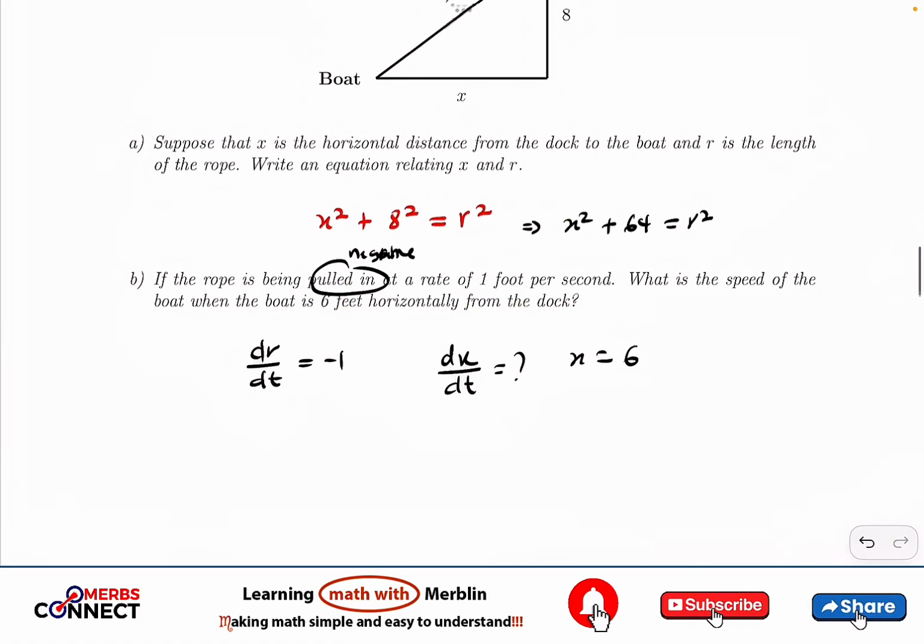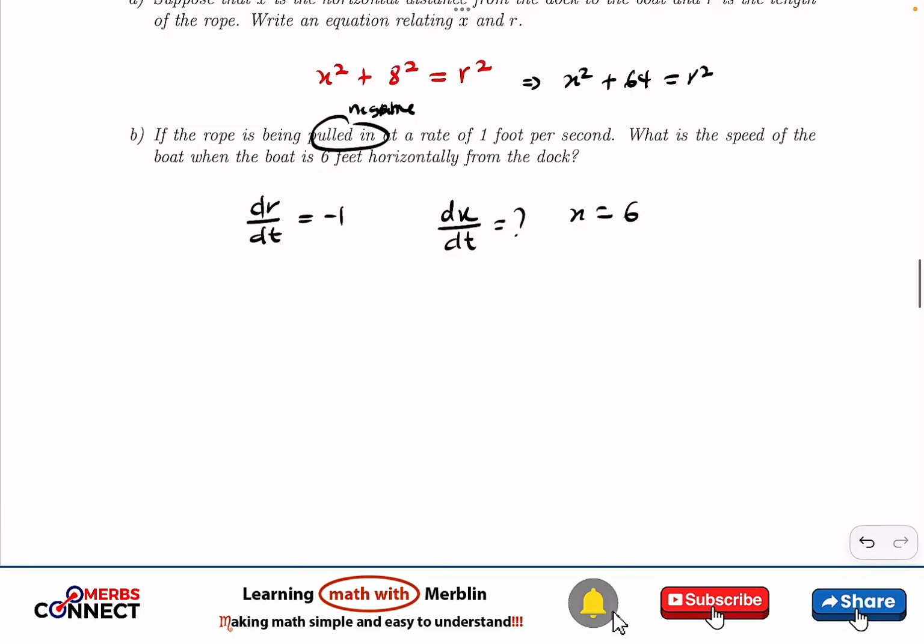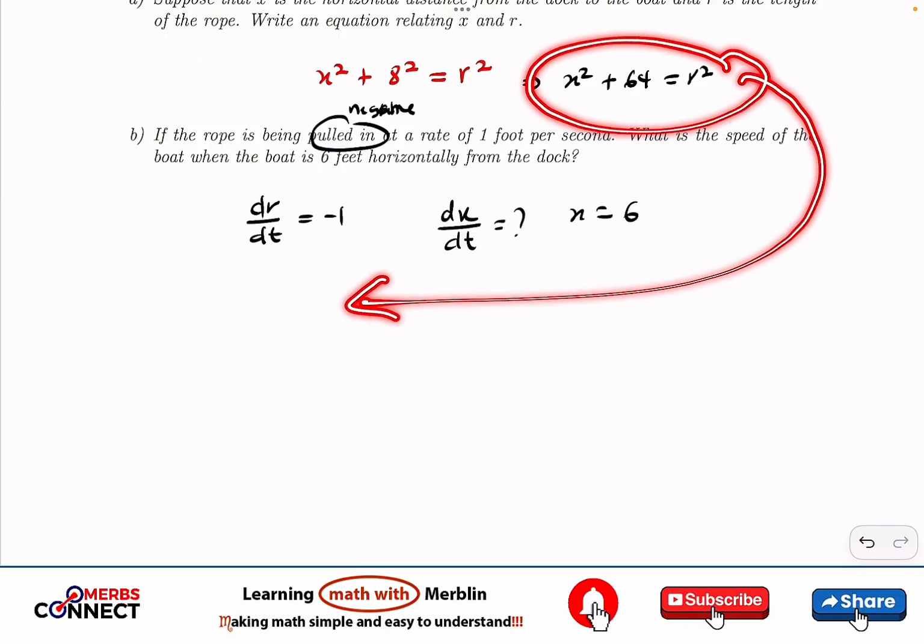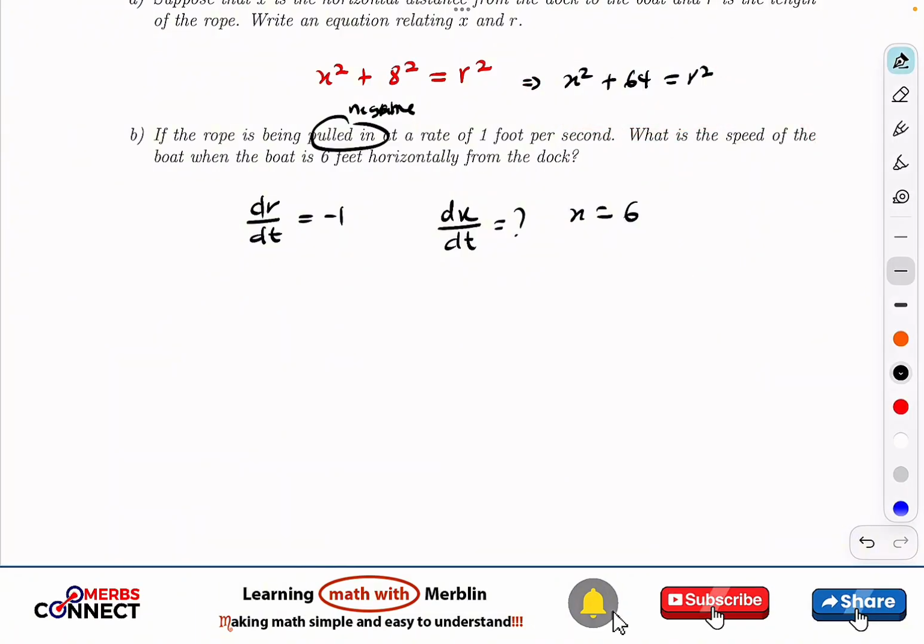So that's basically the information that we have here. We are going to use the equation that we found here, because that's what is going to help us work on the rest. So let me write the equation down: x squared plus 64 is equal to r squared. We need to differentiate both sides with respect to time.